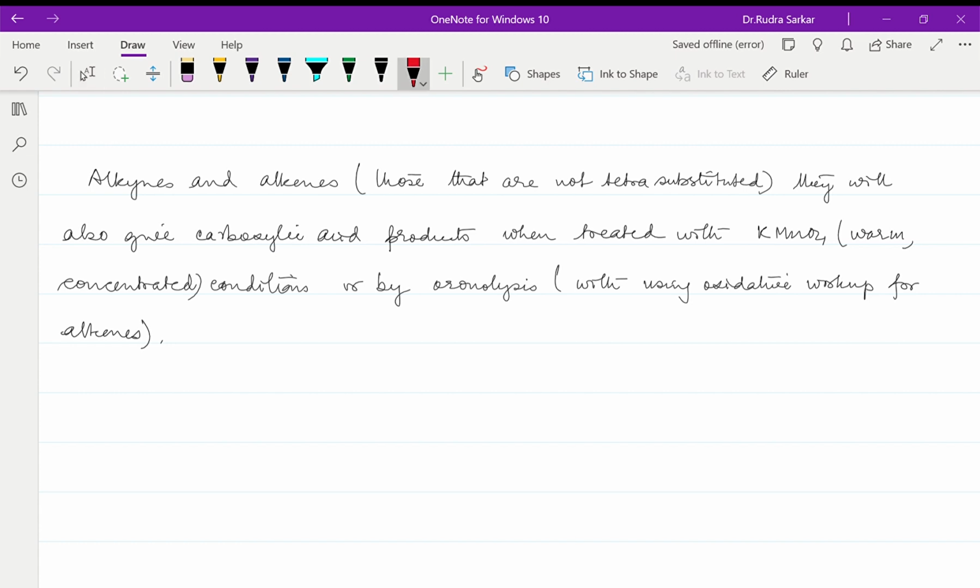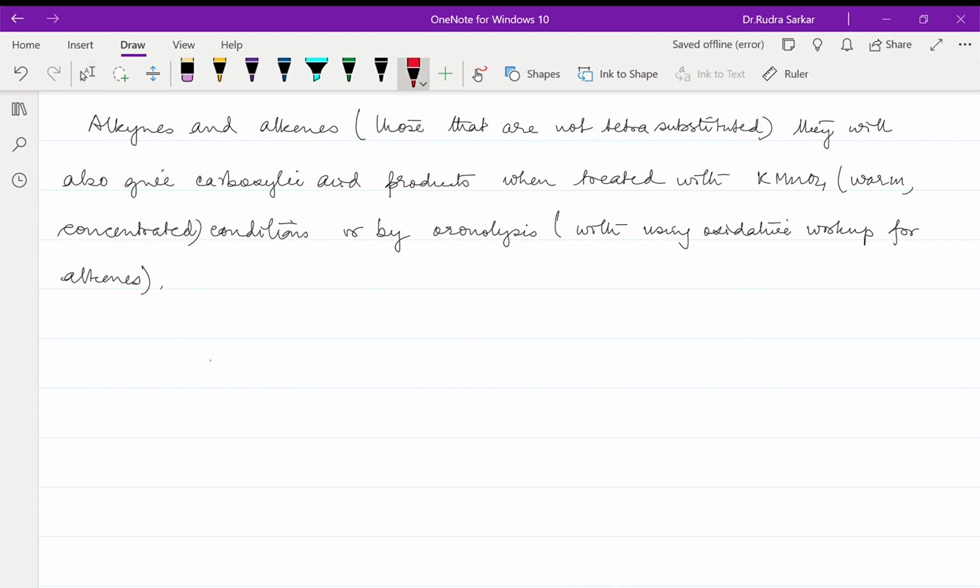So to summarize this in a reaction chart form, suppose we have taken an alkene and we treat the same with ozone followed with oxidative workup. Then our products will be two different molecules of acid, because over here the alkyl groups are different.